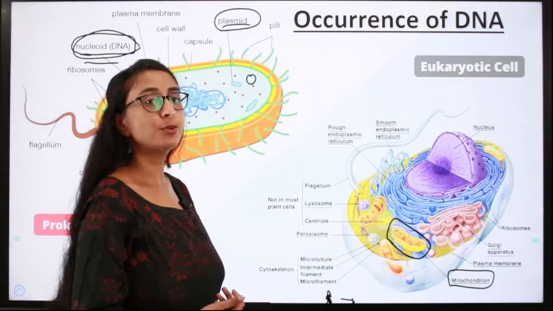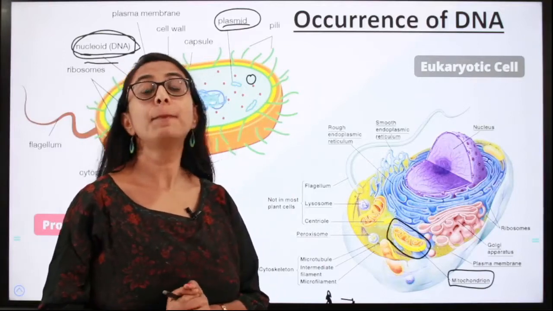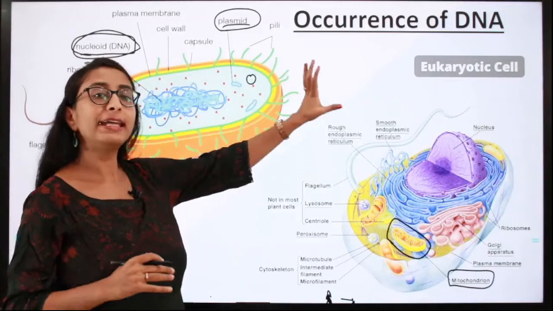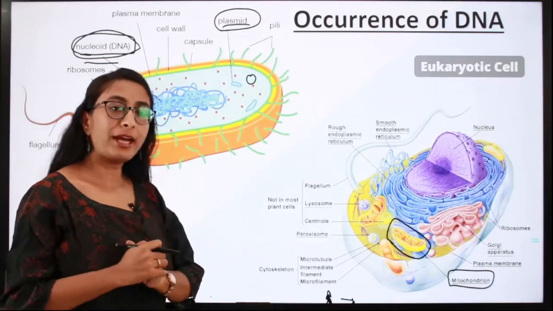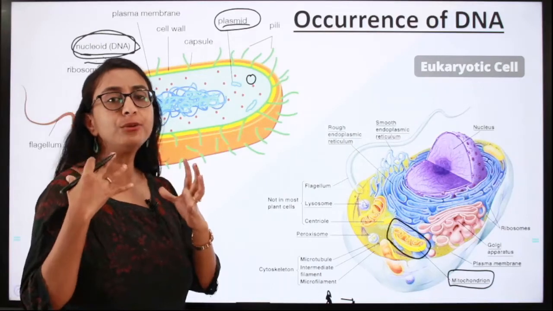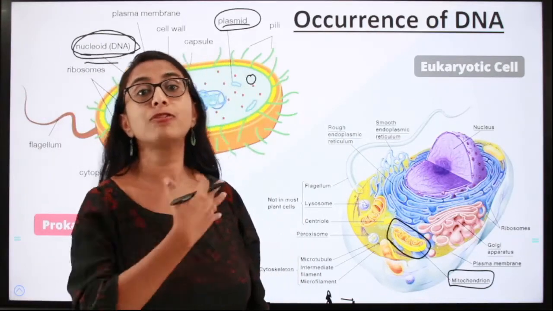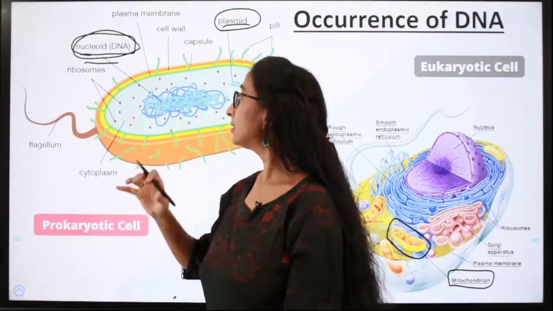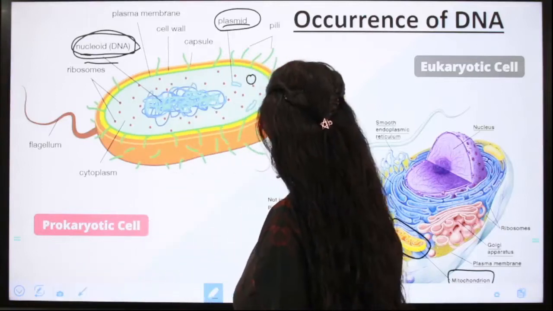In addition to this, we can also find extra chromosomal DNA in plastids. Okay. So now that we discussed about the occurrence of DNA in a prokaryotic cell and an eukaryotic cell, now we must try to guess what kind of question can my examiner make from whatever I have studied. So say your examiner can come up with a question like this.